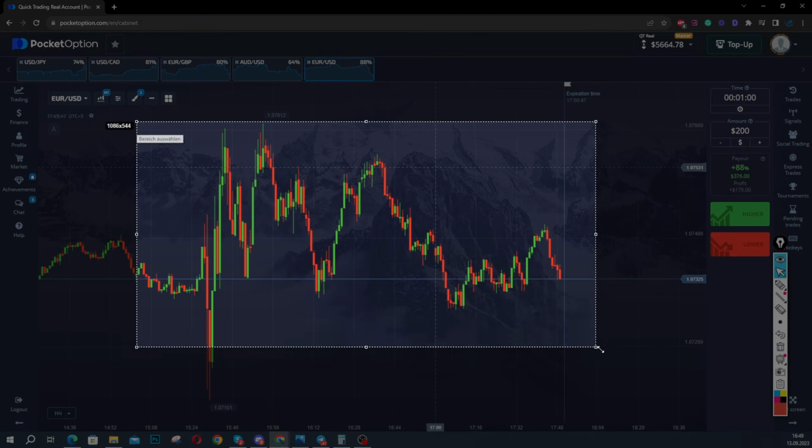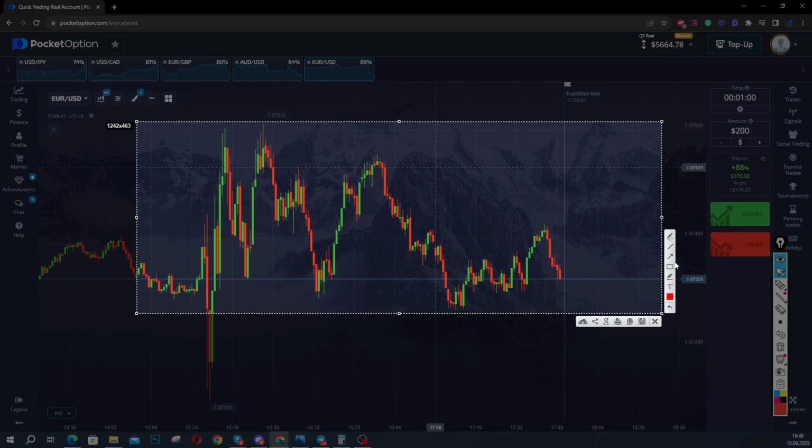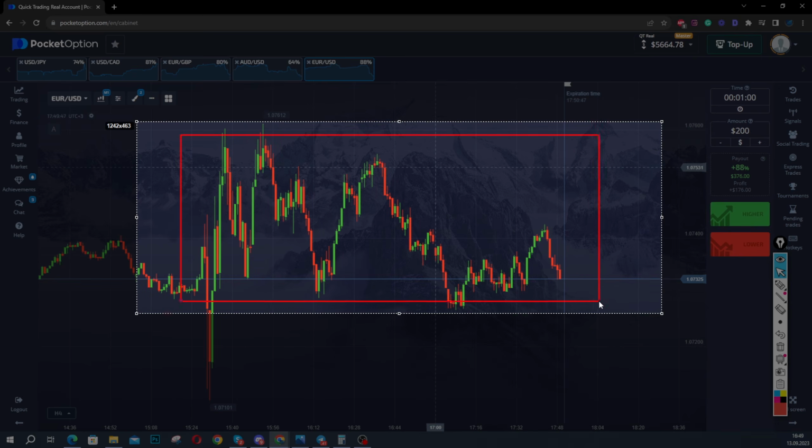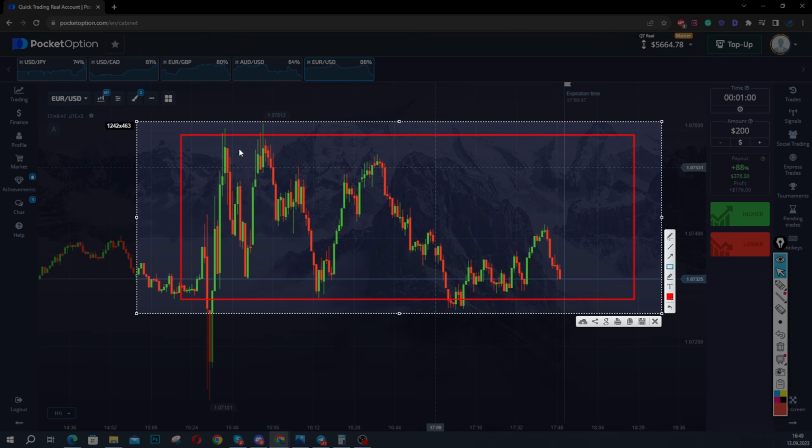Then I told you in the last video we have the levels at this point here on the outside, and we have some level, this is always the case, on the inside of a range. If the market comes to the middle of a range, often something can happen.